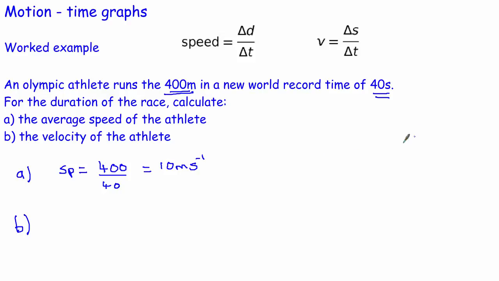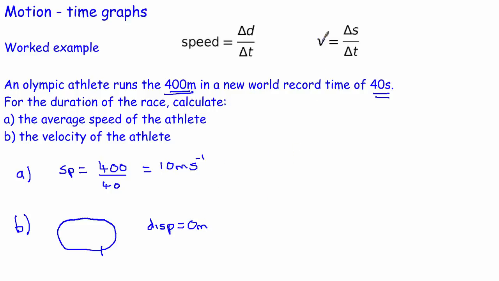Now B is slightly different. So if we think about B, what's going on is you start off here on the track, you run the first bend, you go on the back straight, you run the second bend, and you finish back on the home straight here. So you started here and you finished here, so therefore your displacement equals 0 meters.